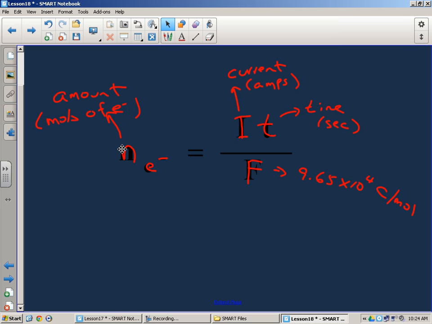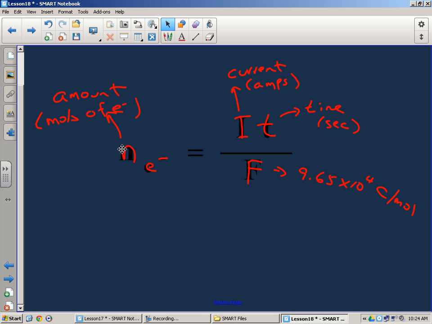Coulombs is basically 1 amp times second, so amps and seconds are built into that, and the moles match up with the moles. Everything cancels out nicely, but it is coulombs per mole for Faraday's law.